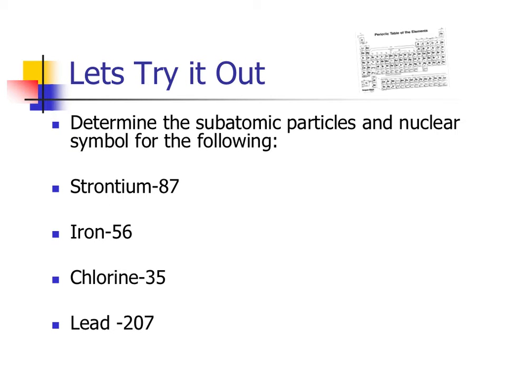So, determining the subatomic particles and nuclear symbol for the following. I'm going to make this chart, and it's very similar to one that you may have seen in, say, a Mastering Chemistry or some other homework. It's very commonly done for many different things.